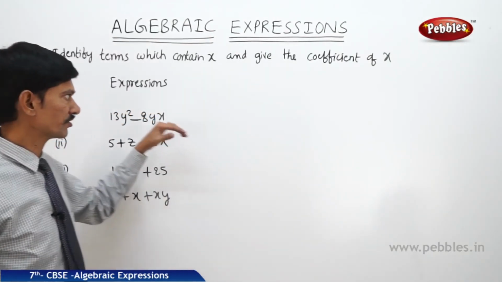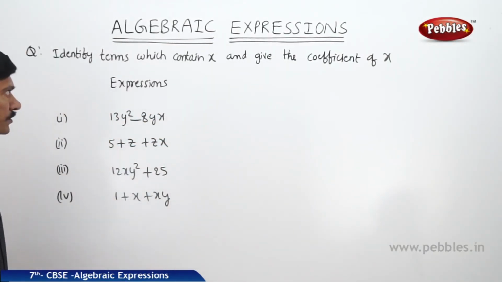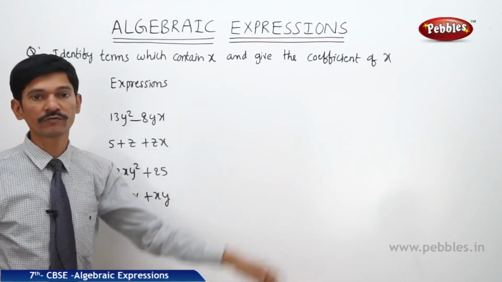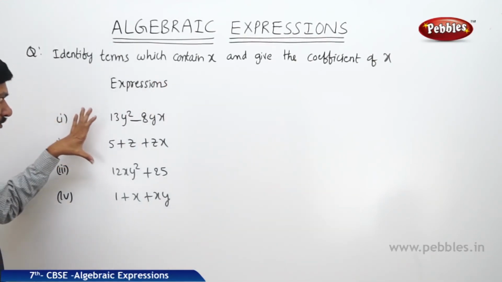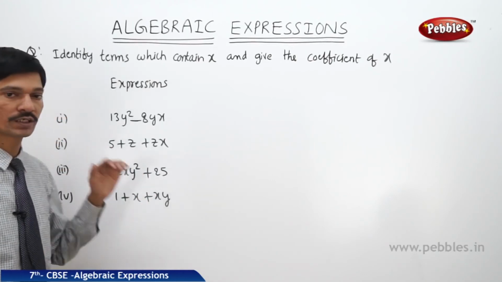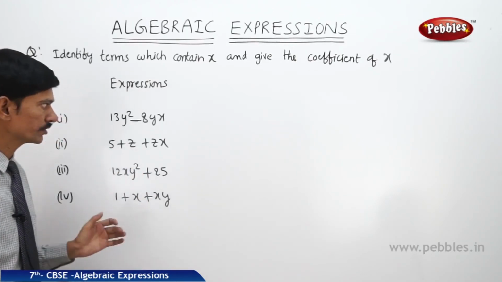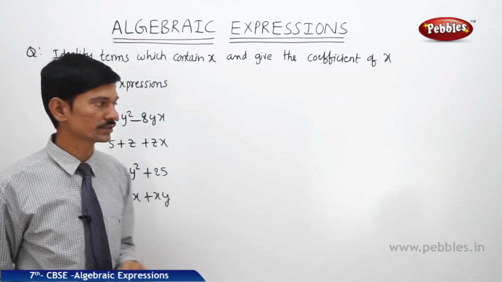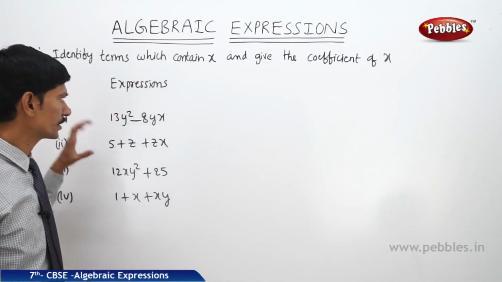Now let us see the next question. Identify terms which contain x and give the coefficient of x. So in each of the following algebraic expressions, we should find out which terms contain the variable x, and we should also write the coefficient of x in the algebraic expressions.